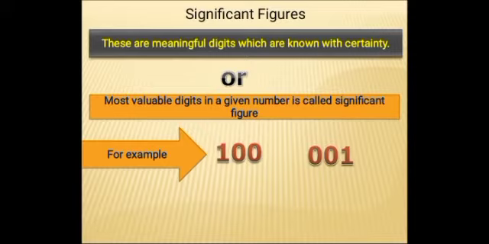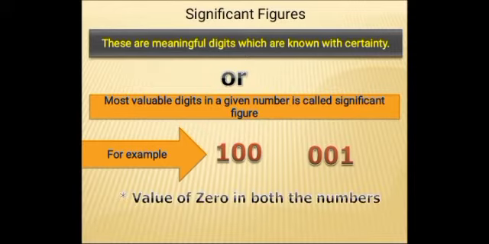But what is the difference? The difference is the value of 0 in both numbers. In 100, the 0 is after 1, whereas in 001, the 0 is before 1. Mathematically, when there are zeros before 1, there is no value for them. It is like 100 rupees and 1 rupee.